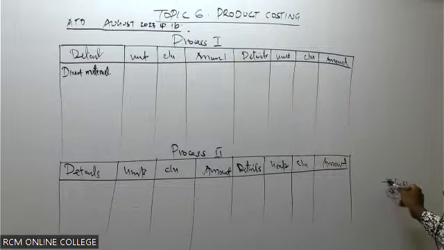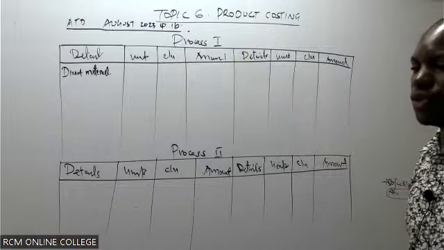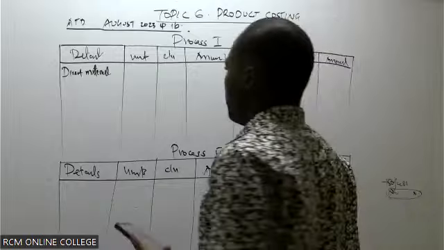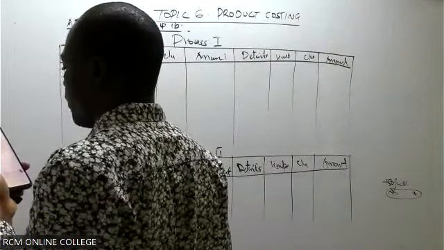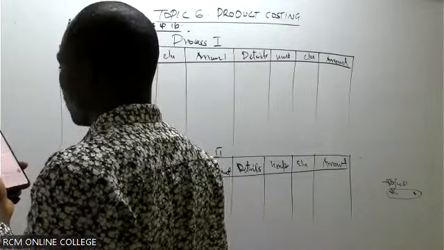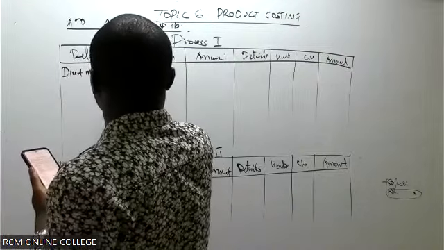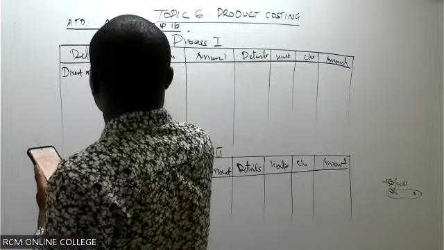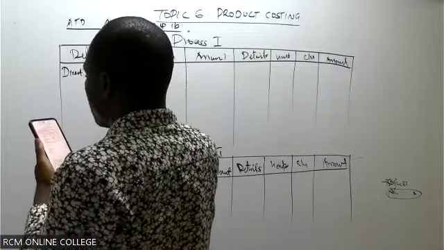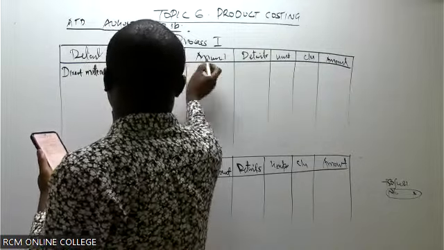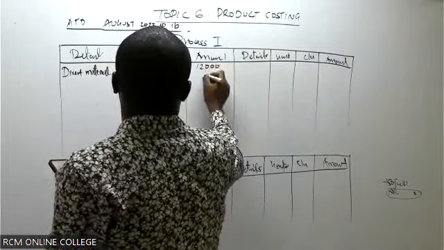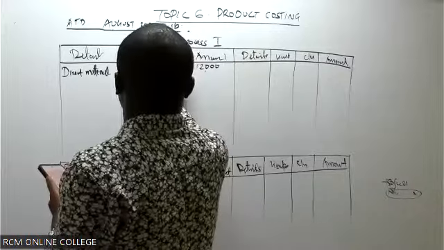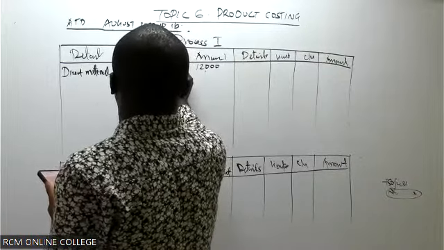The main raw material is the timber, which we are going to use in making up the table. So here also, we are able to see the direct material. We have been given the units of 6,000 and the cost is 12,000. Everything is in thousands. So the cost here is 12,000, which means we can get the cost per unit as 2.